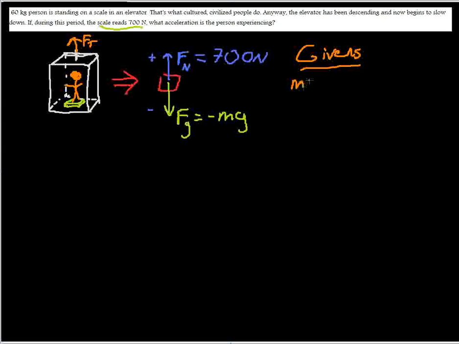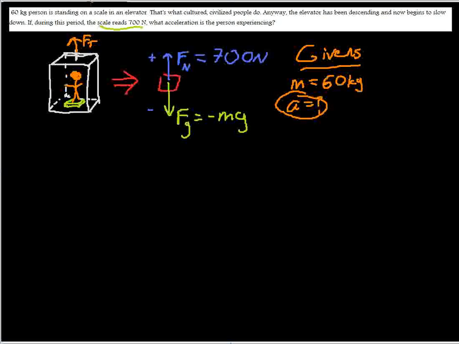So one of those basic force-related givens that we always want to keep track of is the mass. And I can see that that's 60 kilograms in this case. And then acceleration. This is ultimately what we're trying to find. So anyway, the elevator has been descending and now begins to slow down. What acceleration is the person experiencing? So this is what we're looking for.